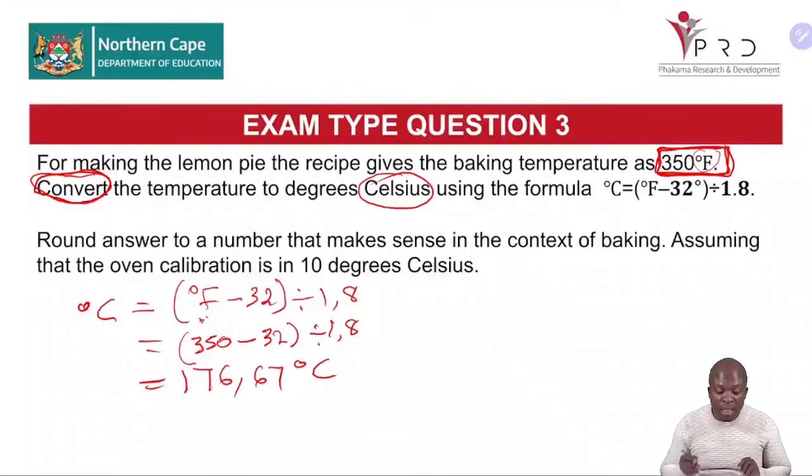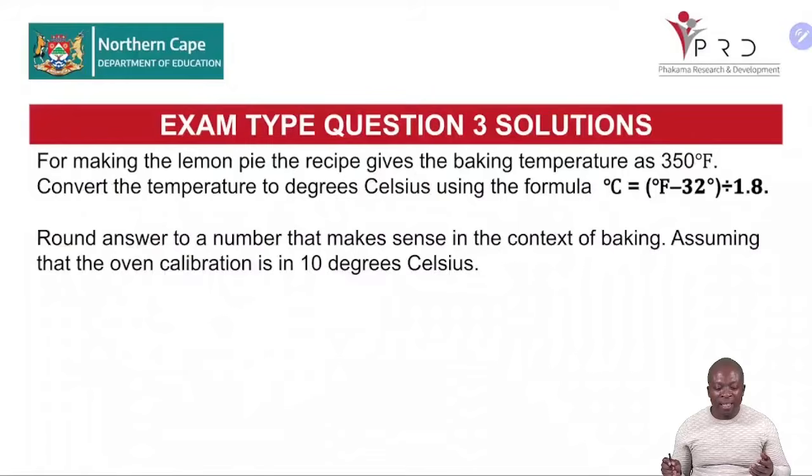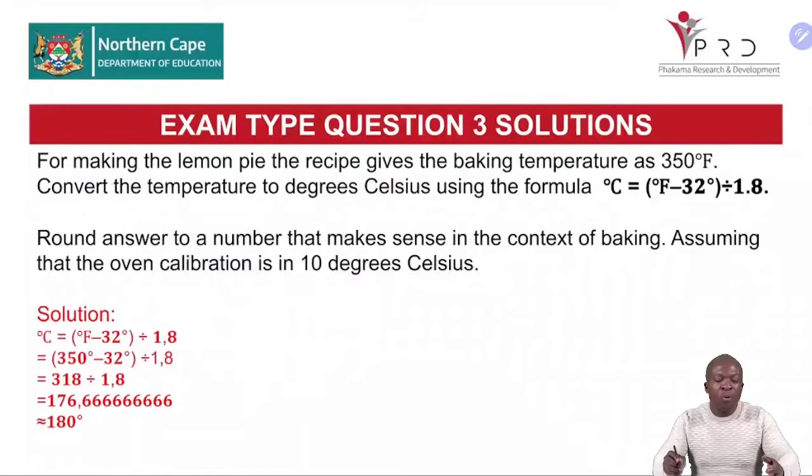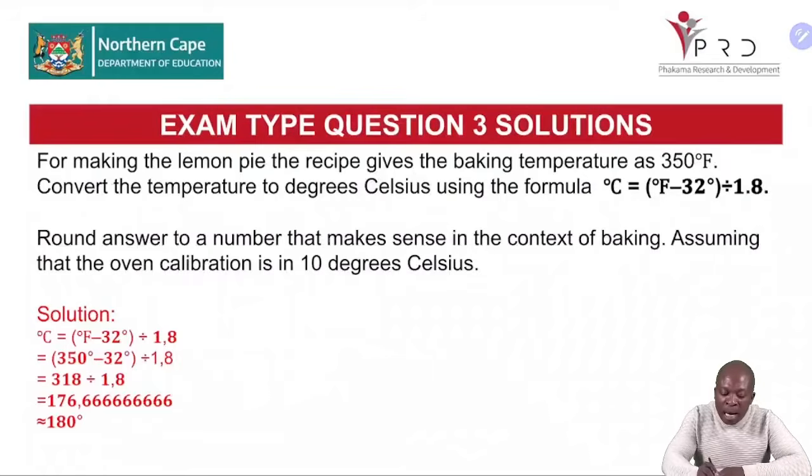So the question is, the examiner says round your answer to a number that makes sense. Should we take it as 176 or 180 or 170? Which one do you suggest? Good. It is going to go to 180, because remember the examiner says our oven is in calibration of 10 degrees.